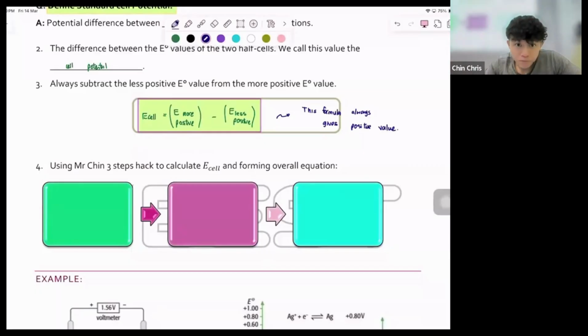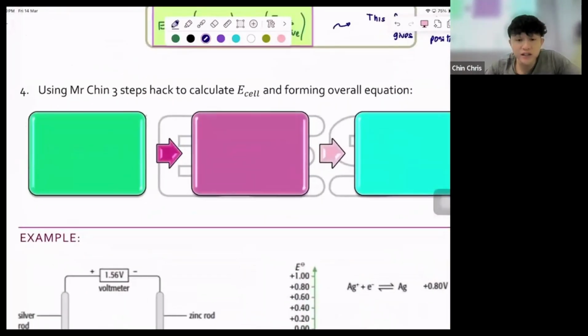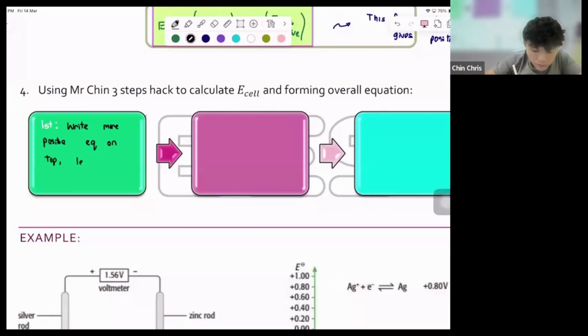Next, I'm going to show you a 3-step hack to calculate E cell and form your overall equation. The first step is to write the more positive equation on top and the less positive equation at the bottom.